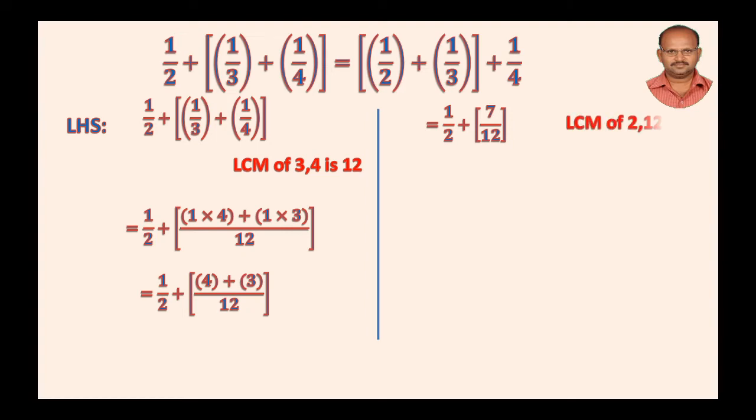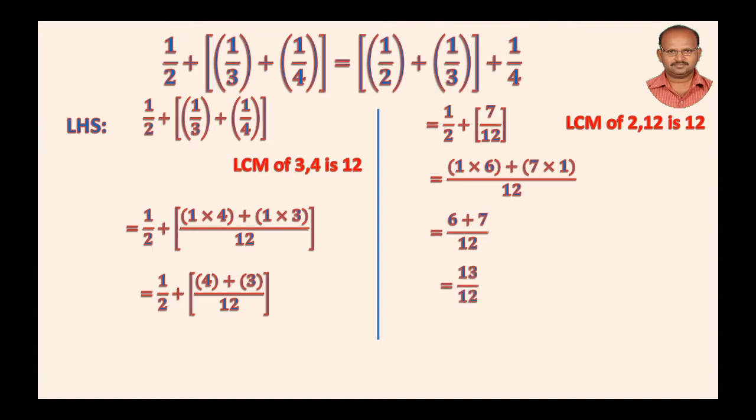then that is equal to, here LCM of 2 comma 12 is 12, 1 into 6 plus 7 into 1 upon 12, here 6 plus 7 is equal to 13, 13 by 12.